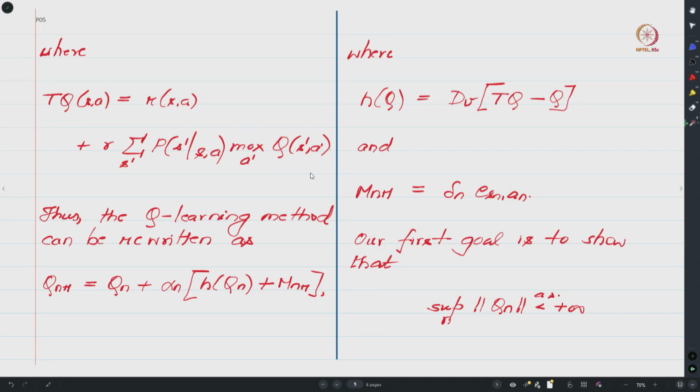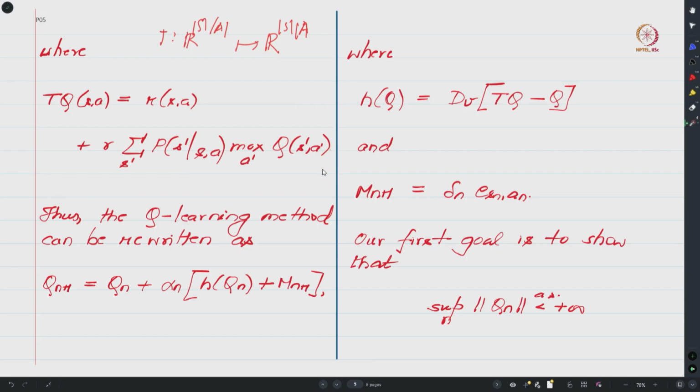So T is basically your operator which goes from R^SA to R^SA, and if you give Q as input, TQ will be a vector in this space, and if you look at the SAth coordinate of this, it will basically be R of SA plus gamma times sum over S prime of P of S prime given SA times max over A prime of Q of S prime A prime.